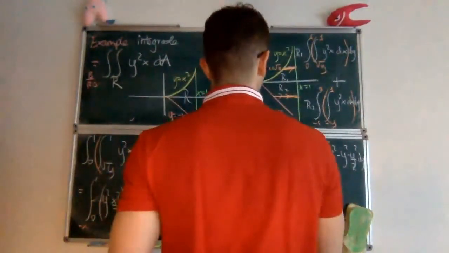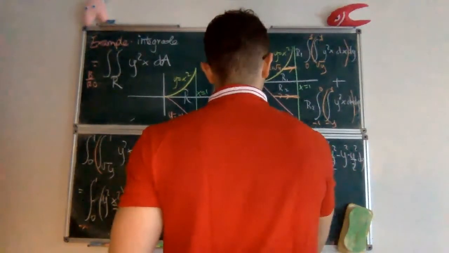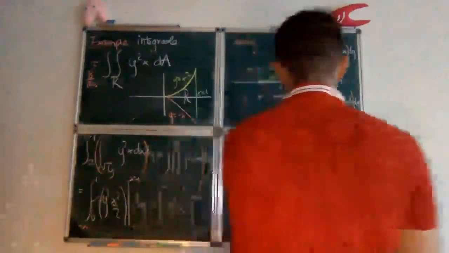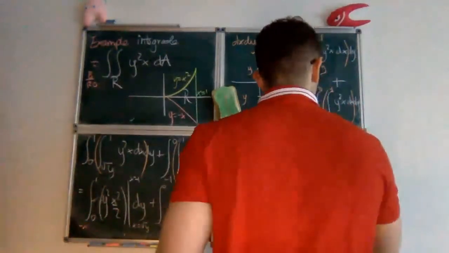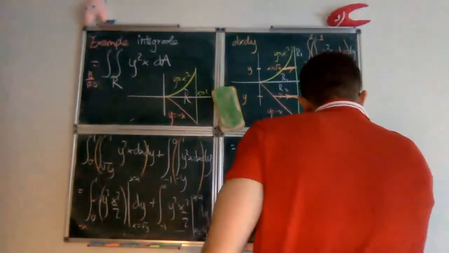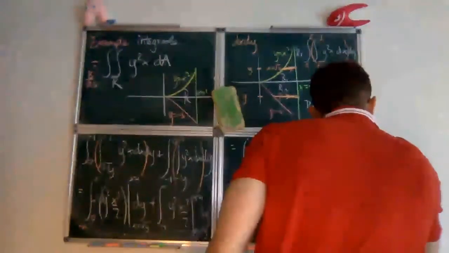So at the end of the day, what we're trying to do is integrate the integral from 0 to 1 of y squared over 2 minus y cubed over 2 dy plus the integral from -1 to 0 of y squared over 2 minus y to the 4 over 2 dy.